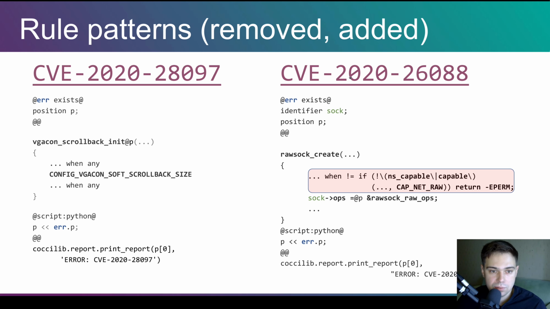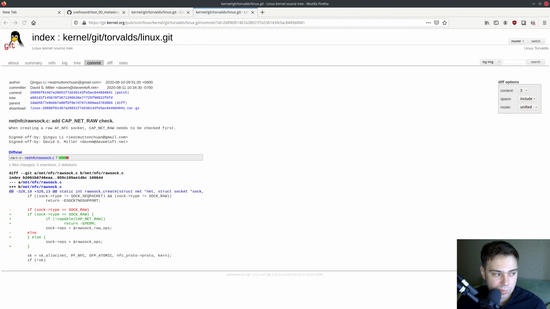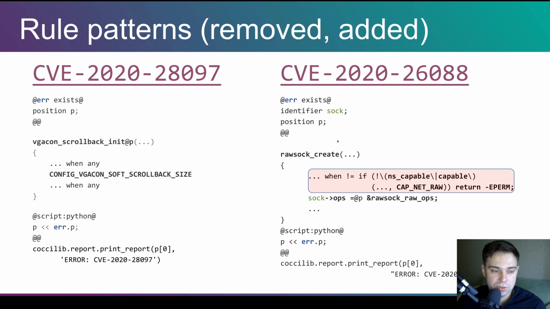The CVE fix on the right adds a capable check, and to describe it we use some real anchors like function name, global variable name, and abstract out details like local identifier name, and use ... to match everything else.